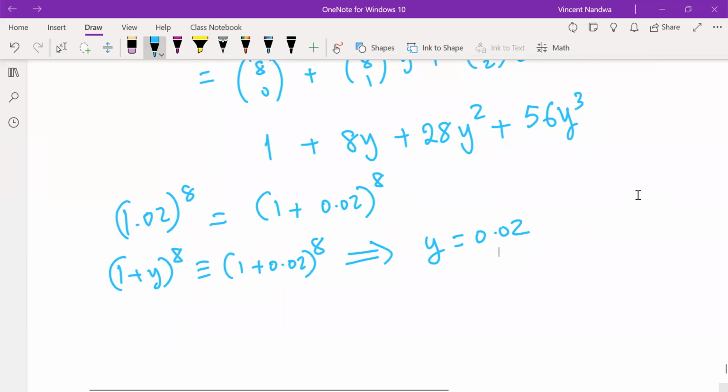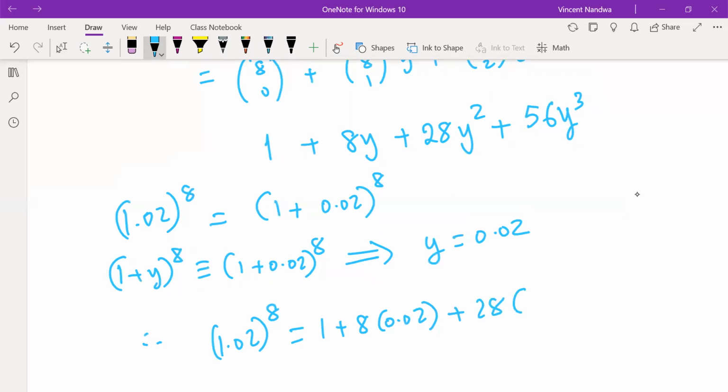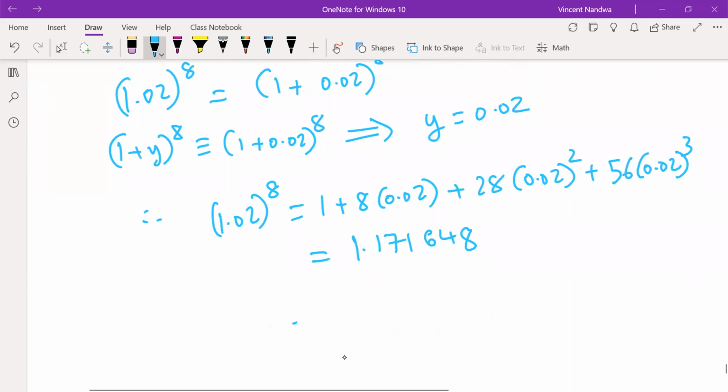So 1.02^8 will be 1 plus 8 times 0.02 plus 28 times 0.02 squared plus 56 times 0.02 cubed. When you sum this, you get 1.171648, but since we write our answer to 4 significant figures, it is approximately 1.172.